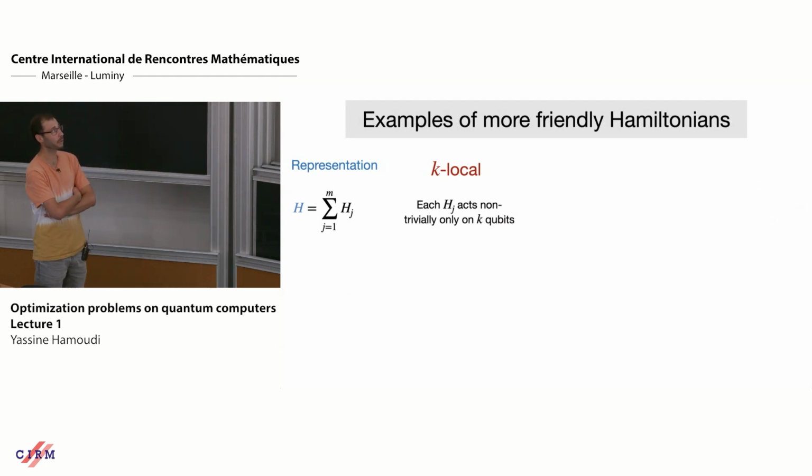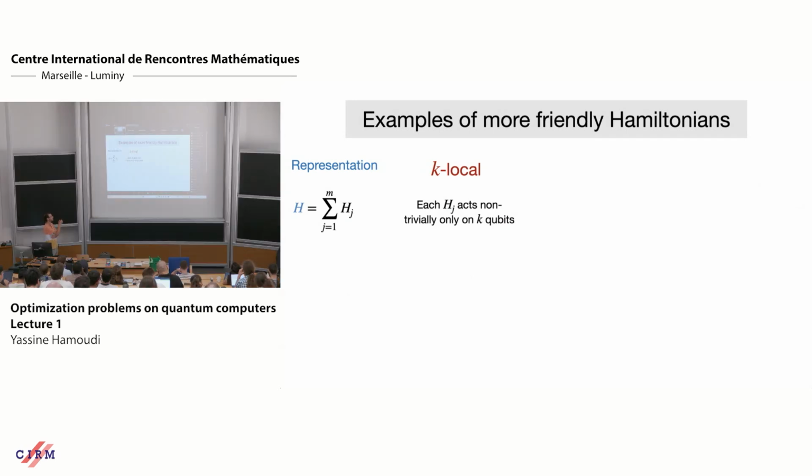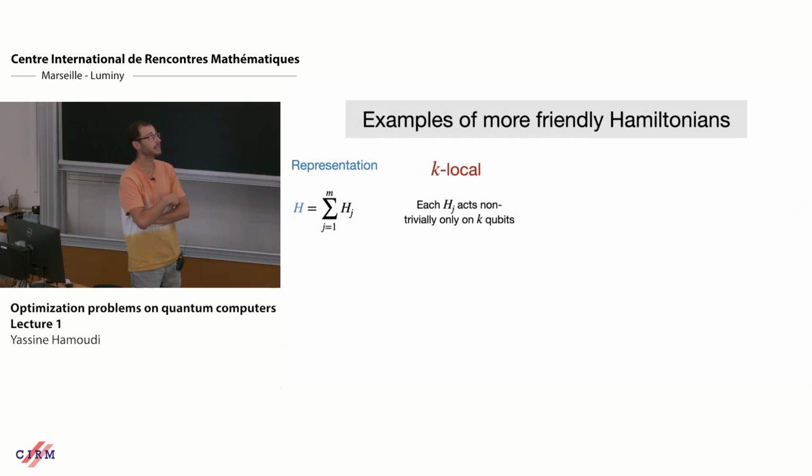A first example of a very common Hamiltonian is something called K-local. So what does it mean? It means that you can represent H as a sum of individual Hamiltonians, H1 up to Hm. Think of m as being something small compared to the dimension. And each of the individual Hj is acting non-trivially only on a small number of qubits.